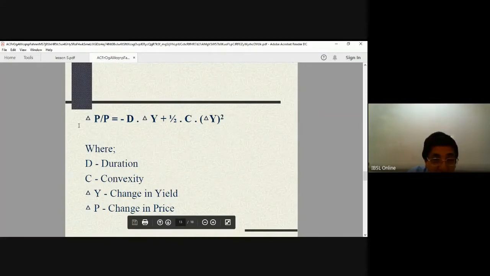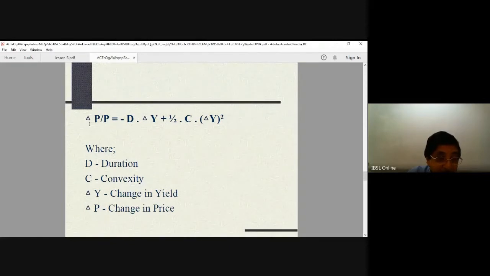Now this is the equation for the adjustment. Now you can just see, I just explained the different symbols here. Delta P divided by P, that is the percentage price change. Or we can do it in a cross multiplication. Now what you can do is, rather than put in P here, delta P is equal to minus D into delta Y into P plus half into C into delta Y squared into P. So that is the way it can be done.